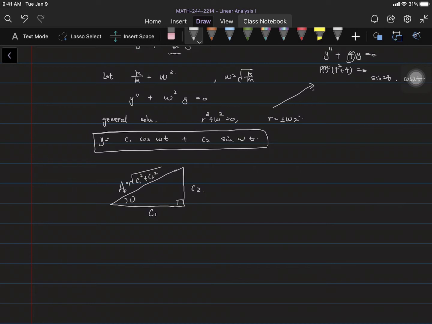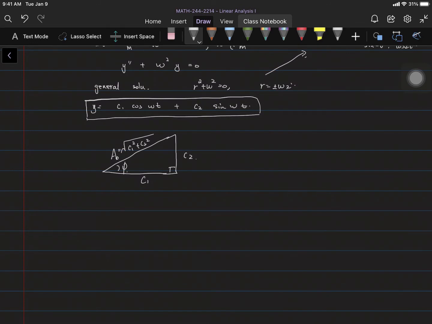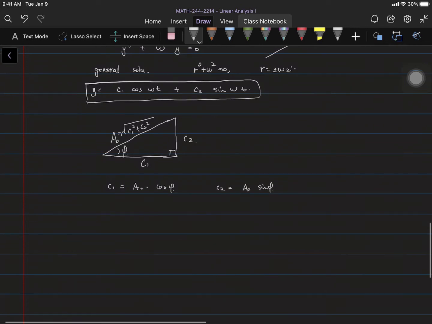And then we say this is the angle phi. So C1 equals A naught times cosine phi, and C2 equals A naught times sine phi. So our solution becomes A naught cosine phi cosine omega t plus, replacing C1 and C2, sine phi and sine omega t.